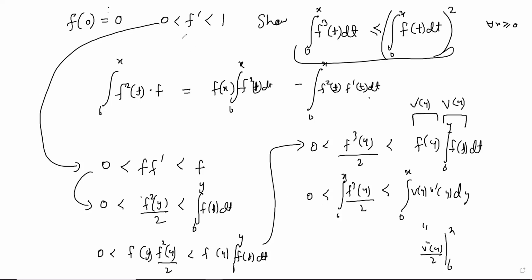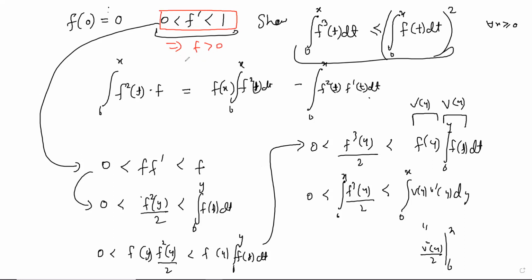So what did you do? You started from here, and then you built it up, right? Multiplying by f, and then integrating, and then multiplying by f. Yes. So the first thing he did is he started with this inequality, and note that this will imply, and that's important, that f is positive, because f is increasing, right?